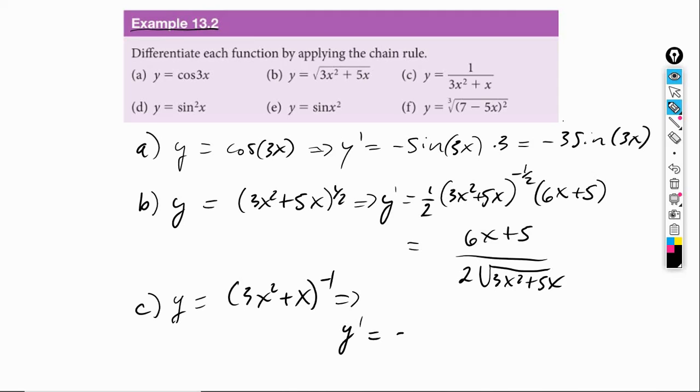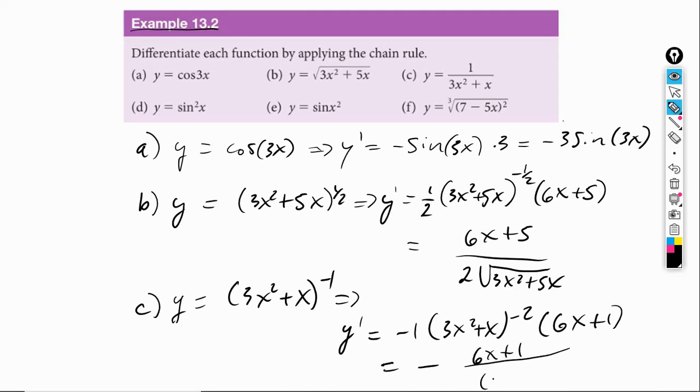Well, it's going to be minus 1 times (3x squared plus x) to the power of negative 2, times the derivative of the inside, which is going to be 6x plus 1. And then we can rewrite this as negative (6x plus 1) over (3x squared plus x) squared. And you don't want to expand that. Later on, you will see why.